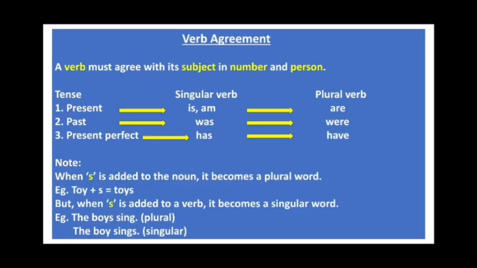But when S is added to a verb, it becomes a singular word. For example, the boys sing. So, this is a plural word. Next, the boy sings. So, this is a singular word.